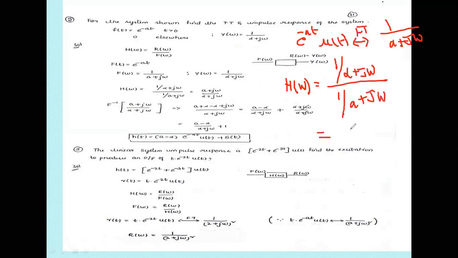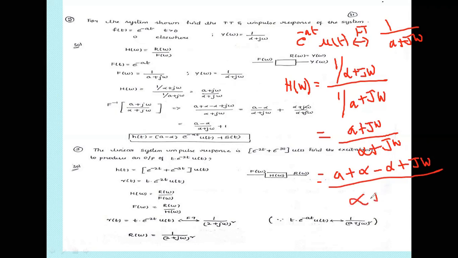Output function is 1 by alpha plus j omega, and input is F of omega, equal to 1 by a plus j omega. So H of omega is a plus j omega by alpha plus j omega. You can add alpha and subtract alpha in the above equation: a plus alpha minus alpha plus j omega, whole divided by alpha plus j omega.